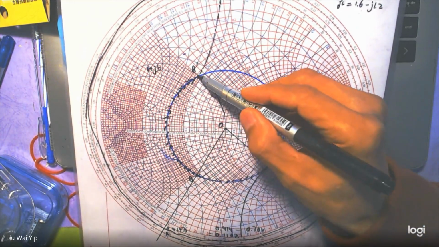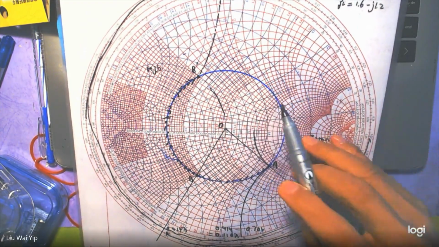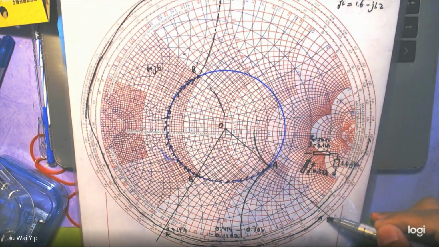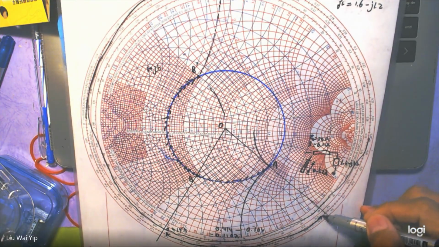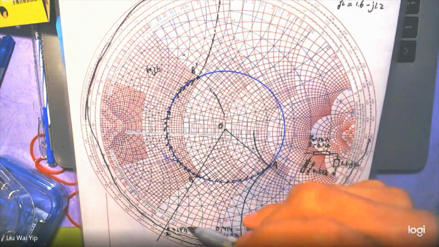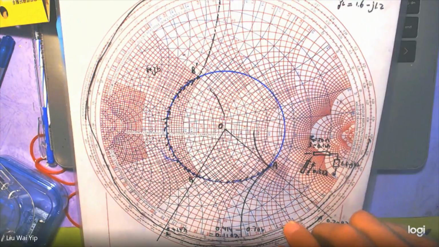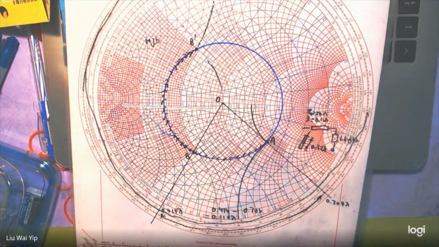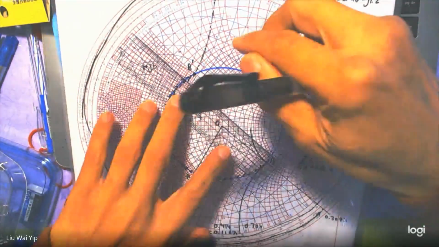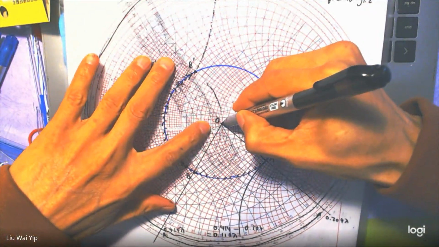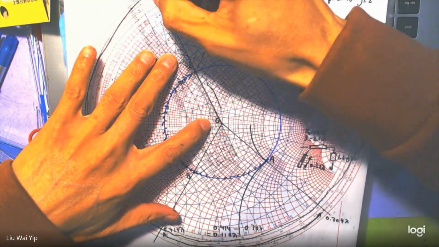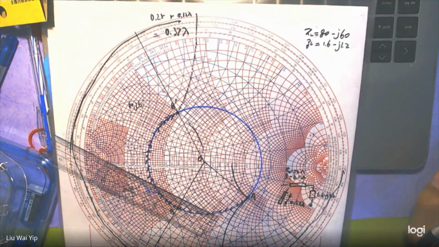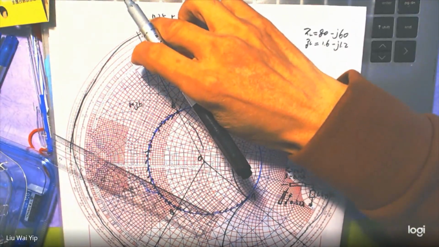At B prime, you need to find the location of the stub by counting from this position here all the way to B prime. So you need to find the angle. We need to draw a line here. So this is what you need.